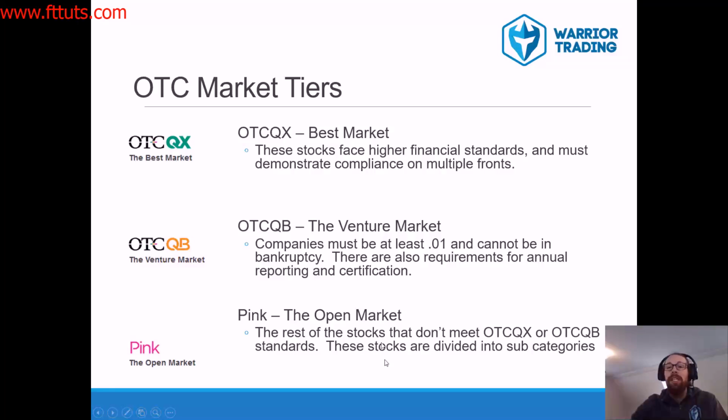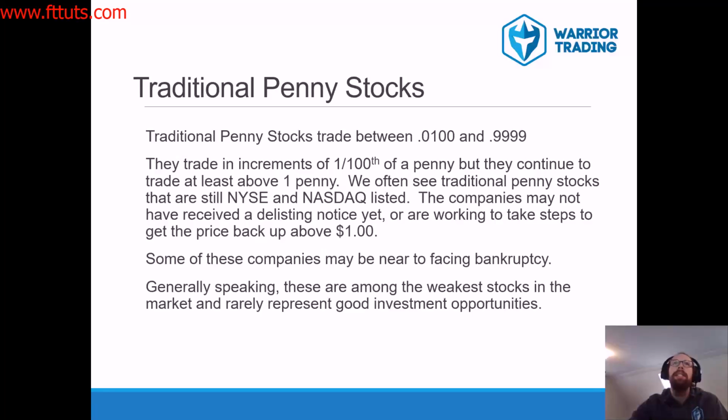These are actually even subdivided into categories below the pink market, and we won't even go into all those categories. But for right now, know that the pink market is essentially the bottom of the OTC tier, and it's where you see some pretty poor quality stocks.